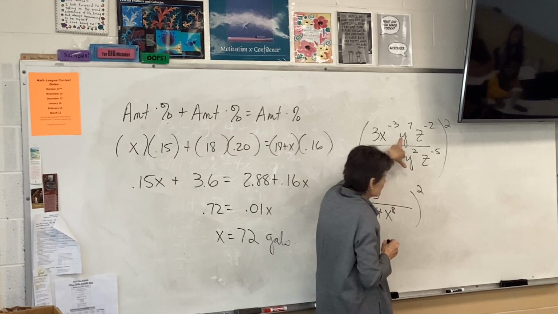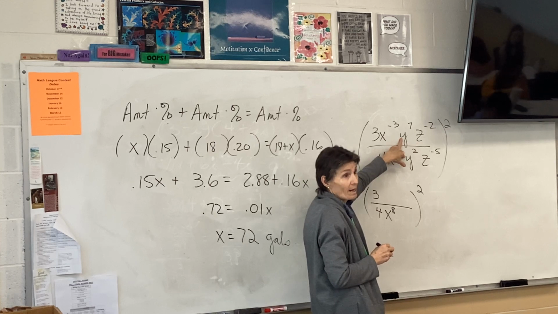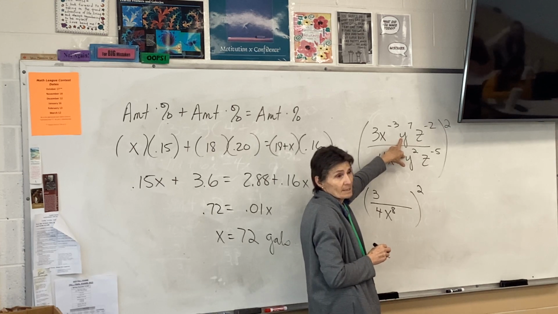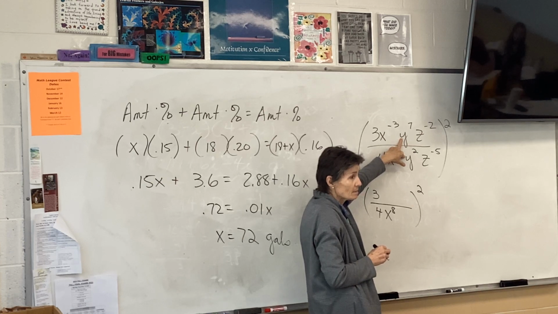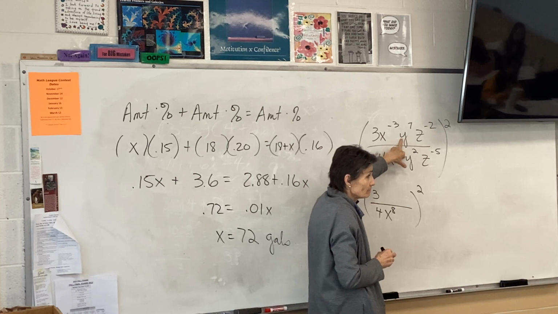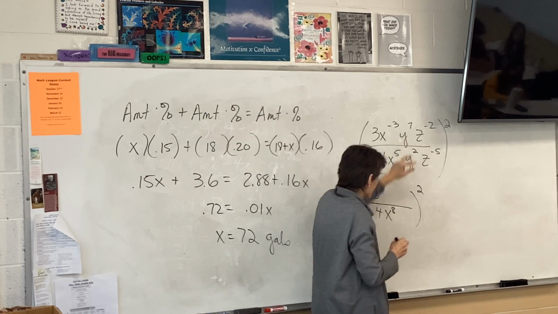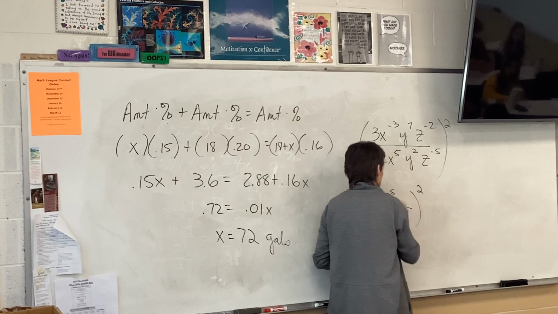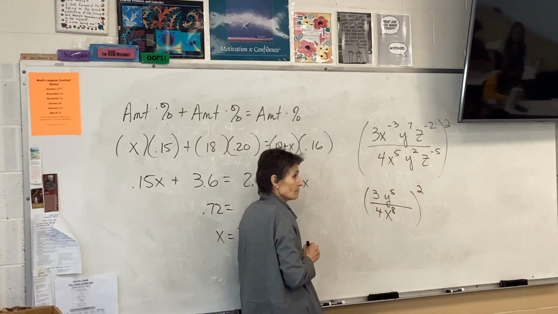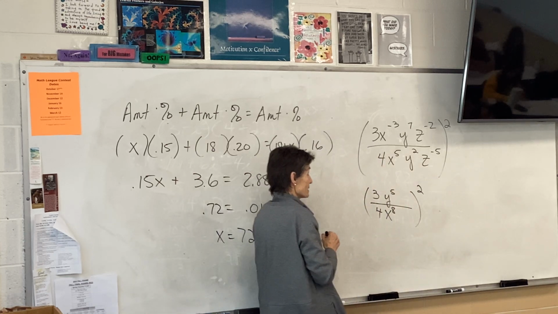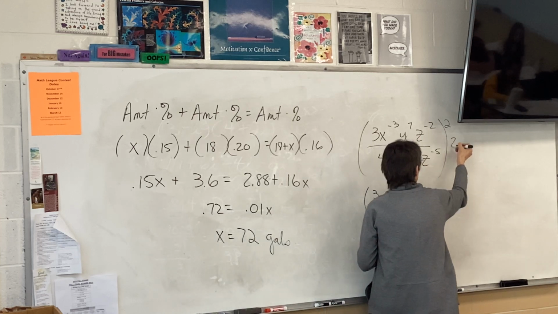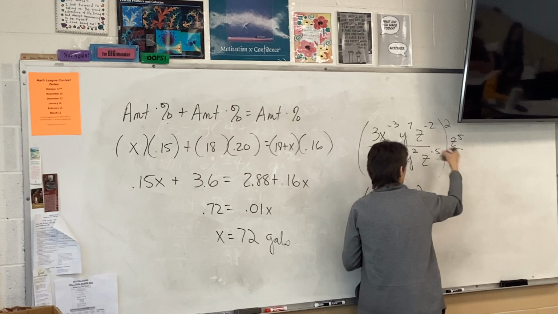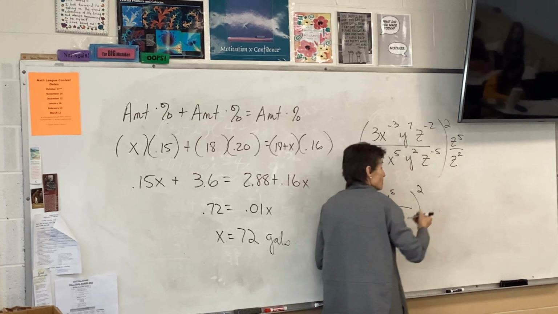Now, nobody's moving with y's, but they are canceling. I have 7 y's on top of 2 y's, so that's going to leave me with 5 y's on the top. And in the z's, everything's moving. So 5 are going to the top, and 2 are coming to the bottom.